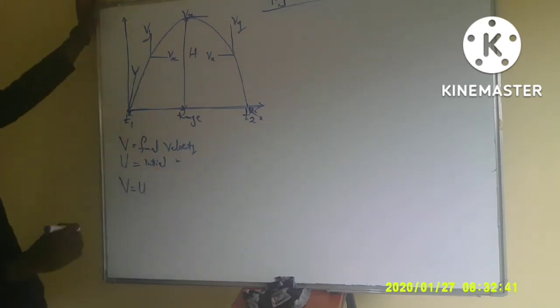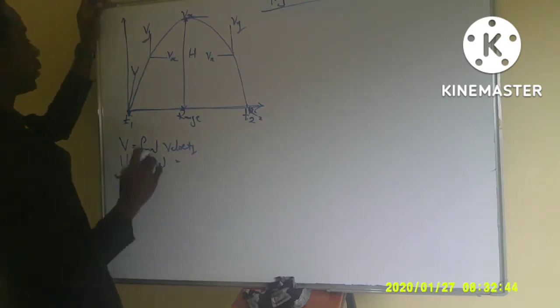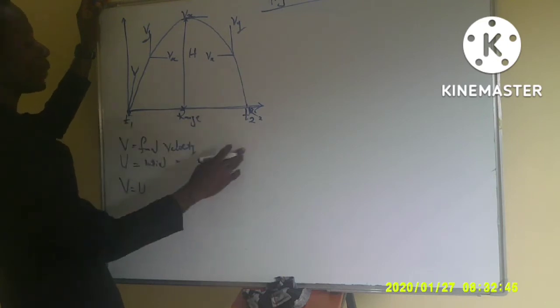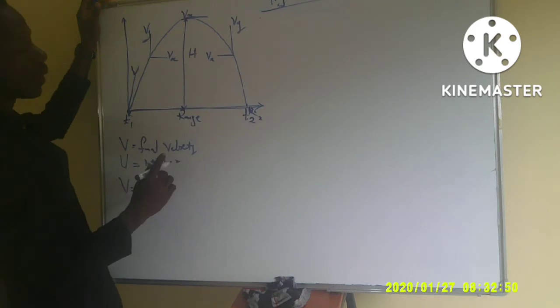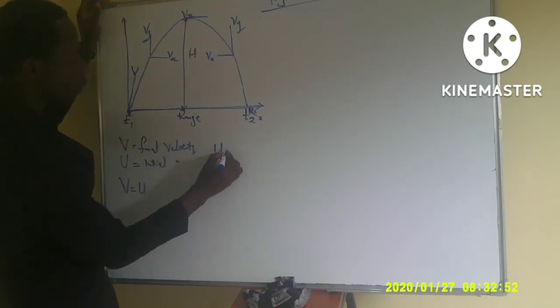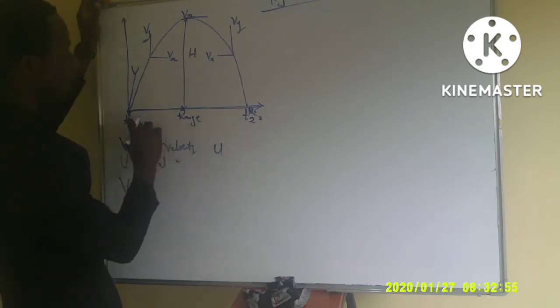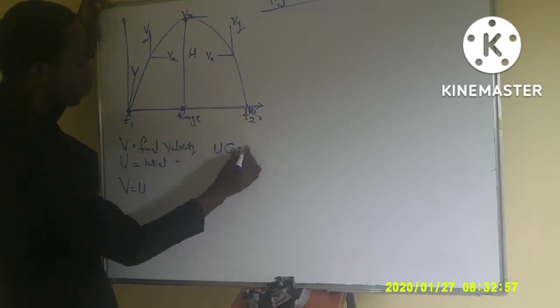But then, we'll be resolving this along the vertical part and the horizontal part. This is the horizontal part from this point to this point. So along the horizontal part, the initial velocity is inclined at an angle, cos theta.